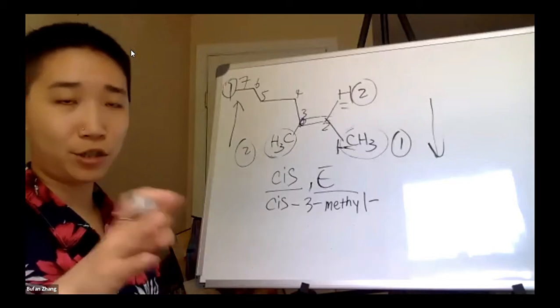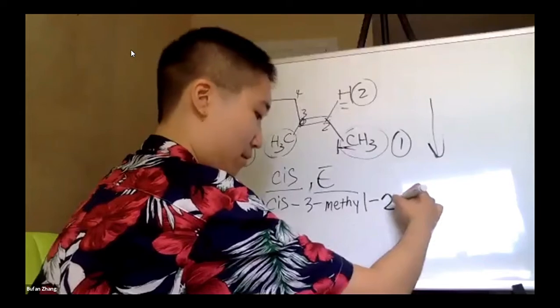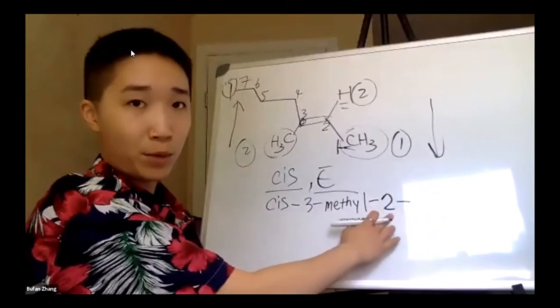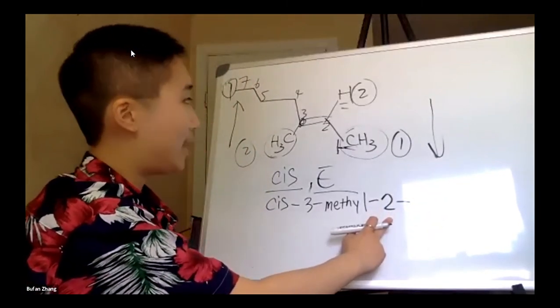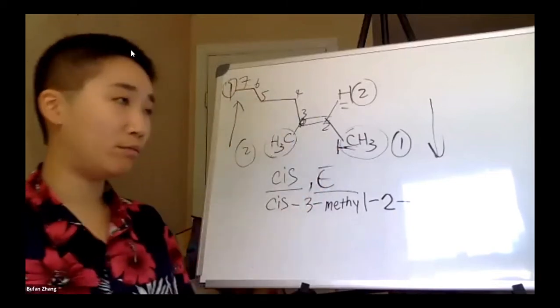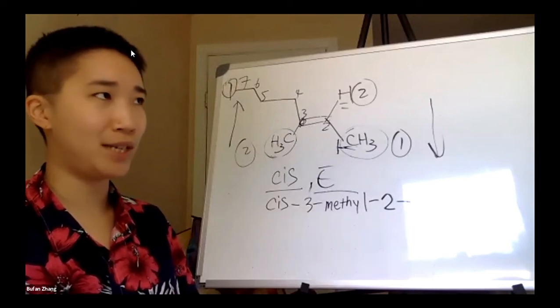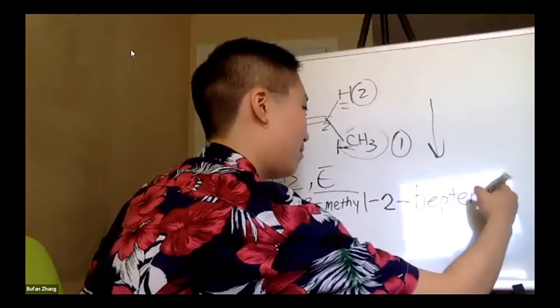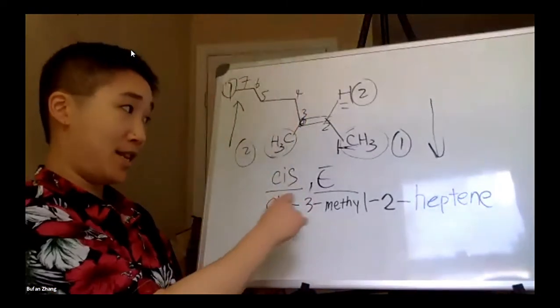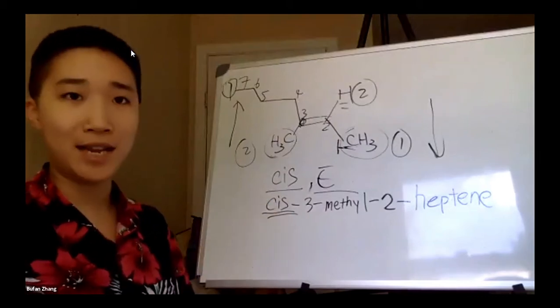It's between carbon 2 and carbon 3. Therefore, we're just going to call it 2, because it starts with carbon number 2. And how long is the chain? We have 7 carbons in the chain. So what's the prefix for 7? I honestly don't remember. What is it? Heptene. Thank you. Heptene. So that is the name for this alkene if we use cis versus trans naming.